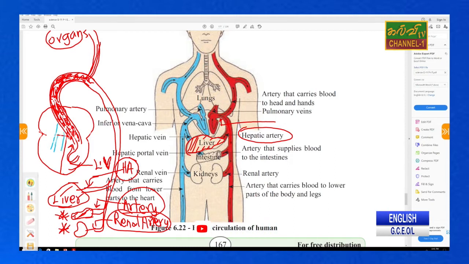the pulmonary artery, which comes from the right ventricle, makes some branches and sends them to the lungs.